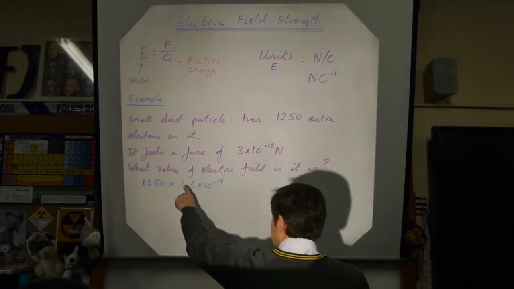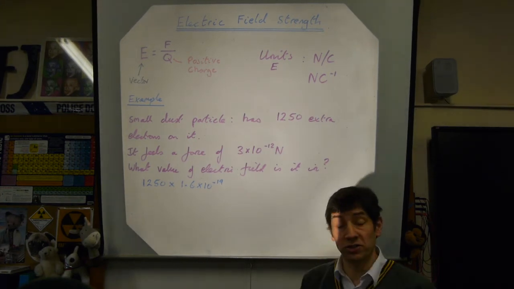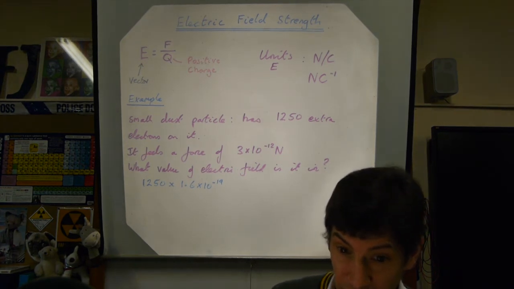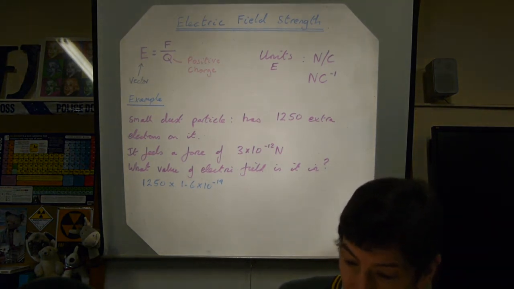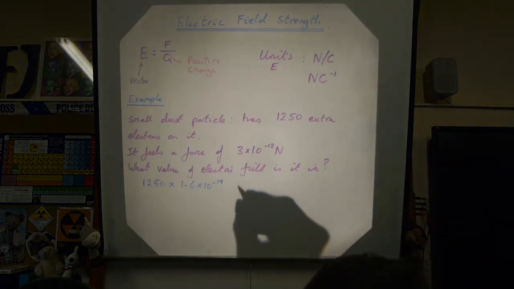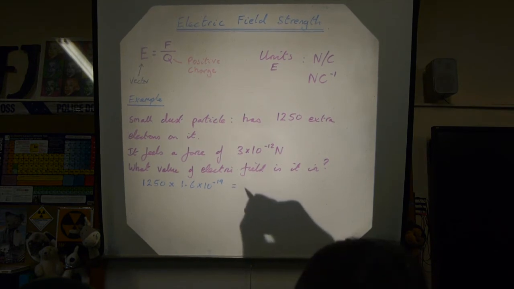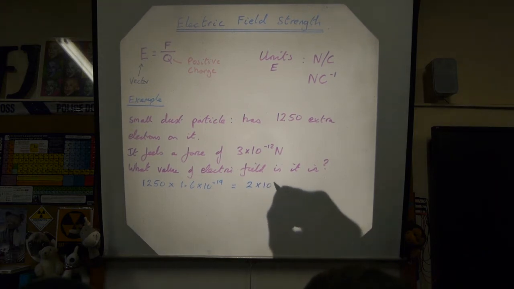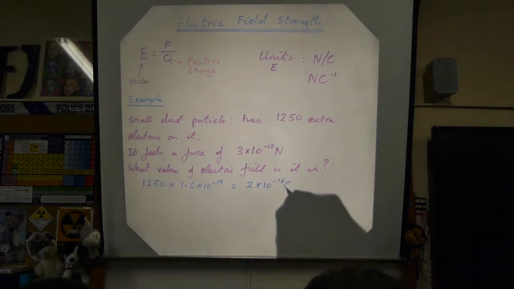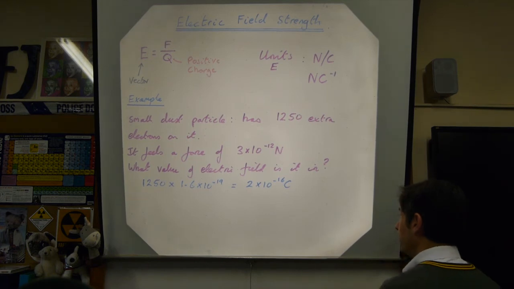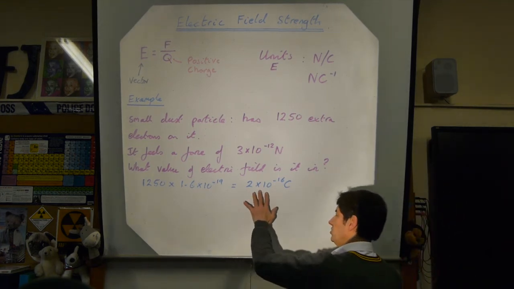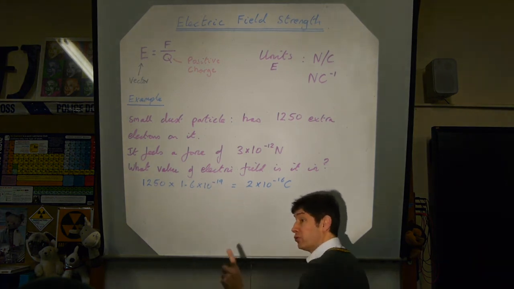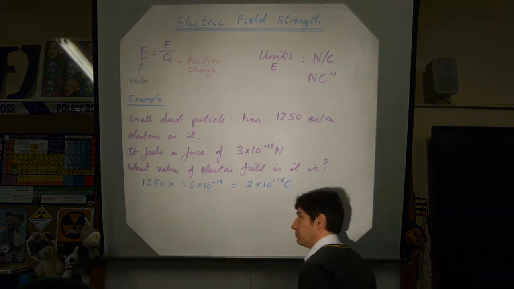I haven't put the minus in there because we're not going to draw a diagram, so we're not going to put the vector arrow on the electric field. If I just work out the charge on the object, it's 2 times 10 to the minus 16 coulombs. Now you might think, hang on, that's a positive charge. Well, this is the charge on a proton. E is the charge on a proton.